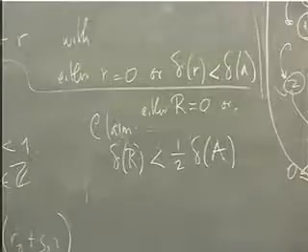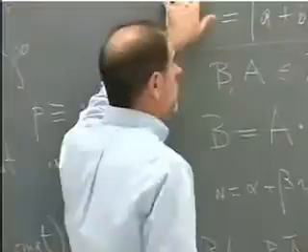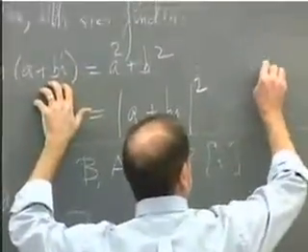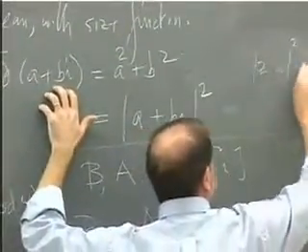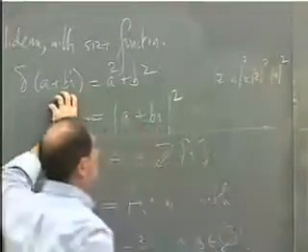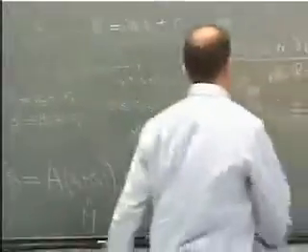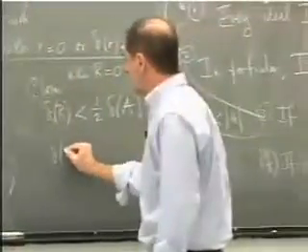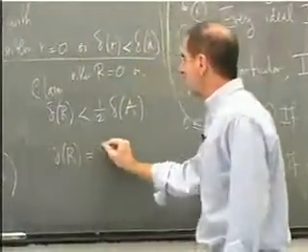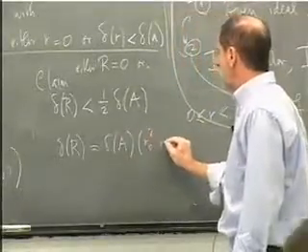its size is small. Well, here I am using the fact that this absolute value on complex numbers is multiplicative, right? The absolute value of z times w squared is the absolute value of z squared times the absolute value of w squared. That's a nice property of the absolute value. So the absolute value of r here, delta r, is the same as delta of a times (r0 squared plus s0 squared).